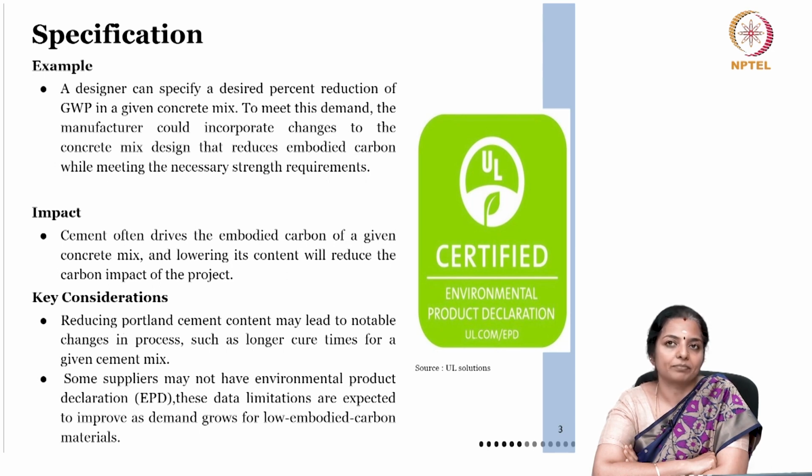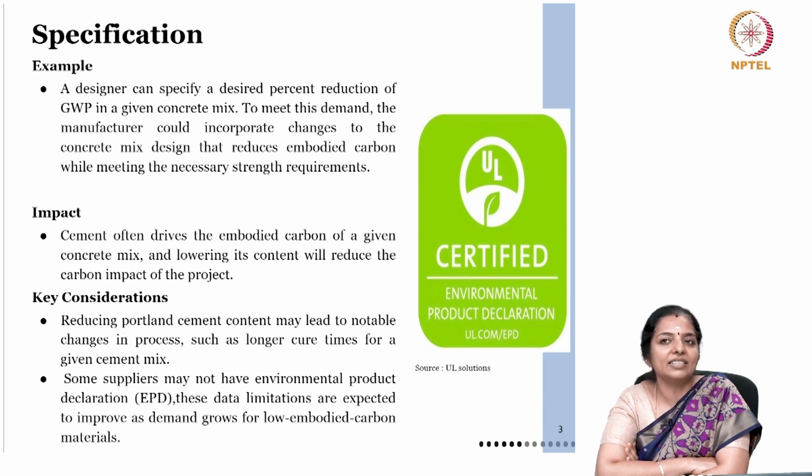Some suppliers may not have an environmental product declaration, the data that has to be displayed on the product, which shows how much renewable material it has in it, and so on, for us to gauge its embodied carbon or embodied emissions. Not all products will have that kind of environmental product declaration. Under such circumstances, displaying the embodied carbon content of the material to prove it has lower embodied carbon content than standard practices may not be available.